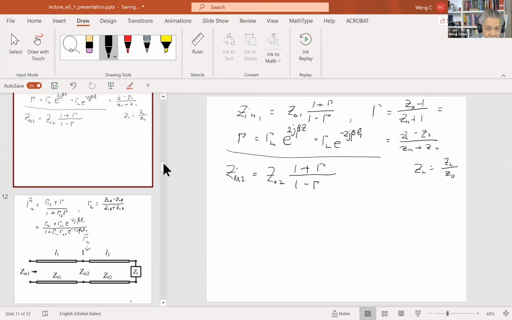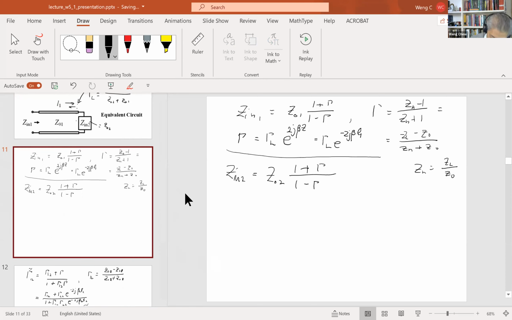If you were to look at the gamma, that gamma should be equal to gamma L e to the minus 2j beta 2 L2.